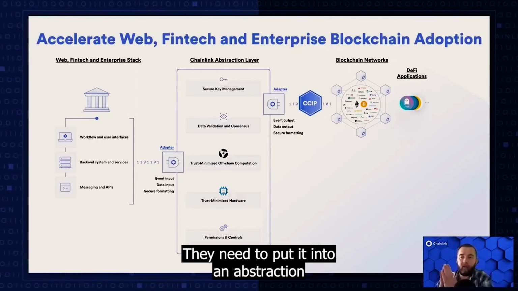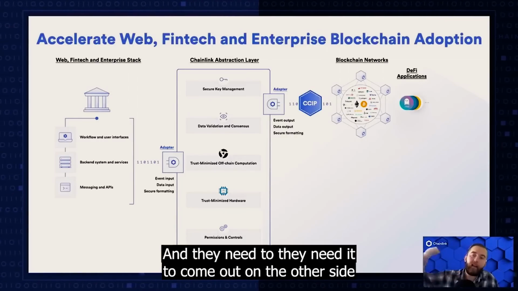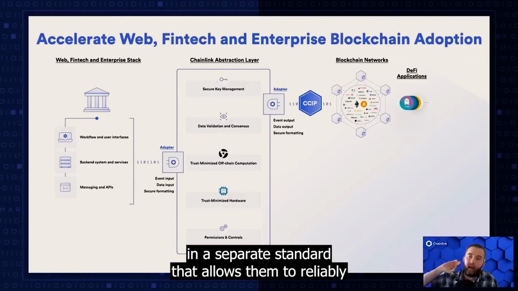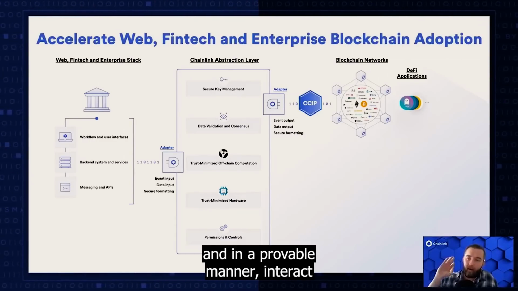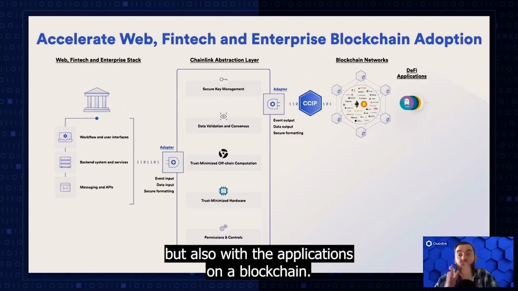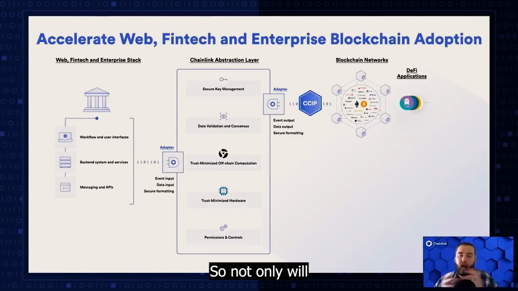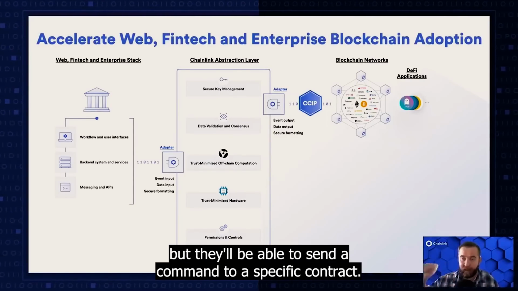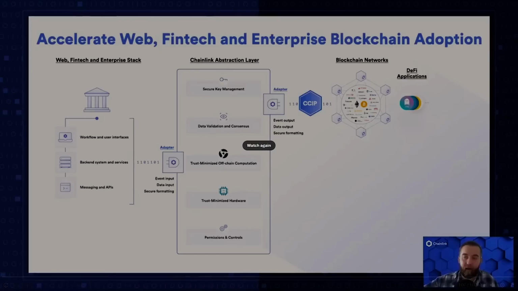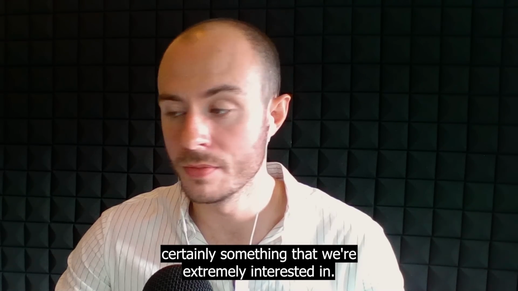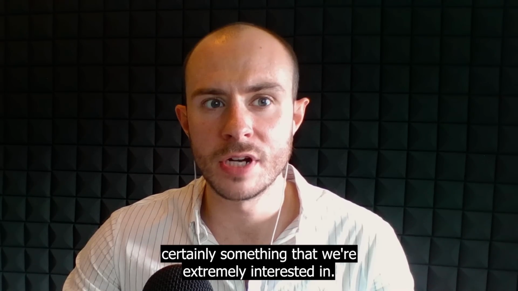They need to put it into an abstraction layer like Chainlink, and they need it to come out on the other side in a separate standard that allows them to reliably and provably interact not only with a blockchain, but also with the applications on a blockchain. So not only will they be able to send a command to a blockchain, but they'll be able to send the command to a specific contract. Very, very interesting what's going on with Chainlink. Certainly something that we're extremely interested in.